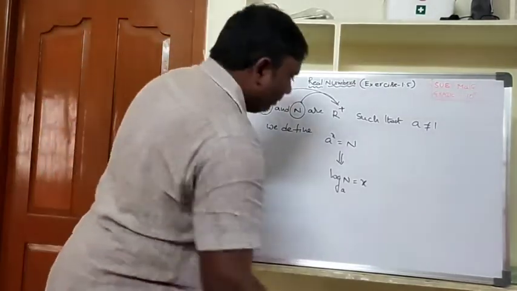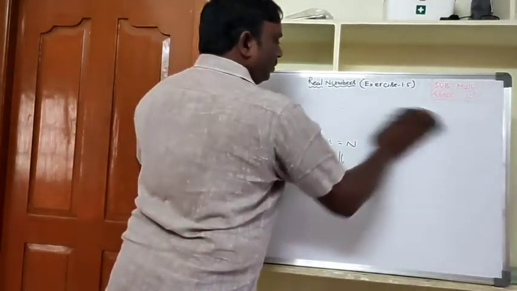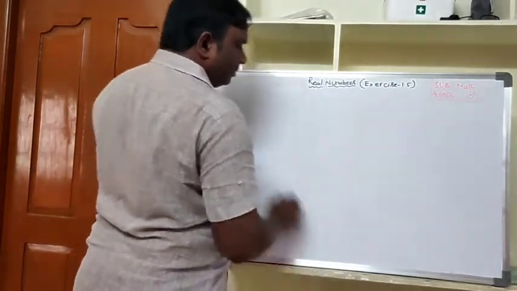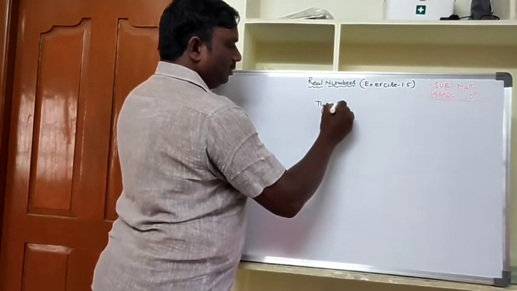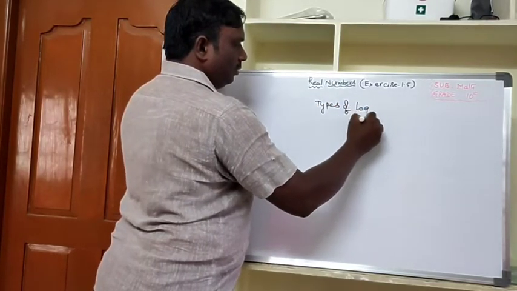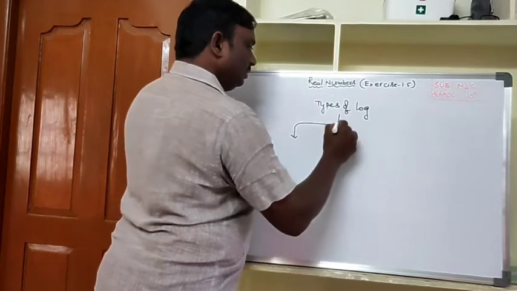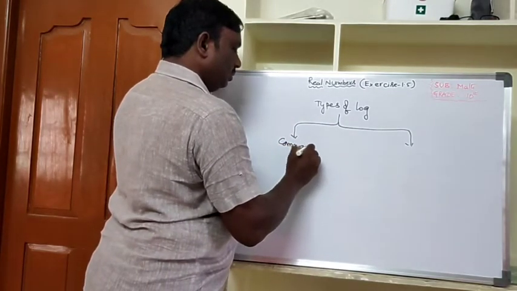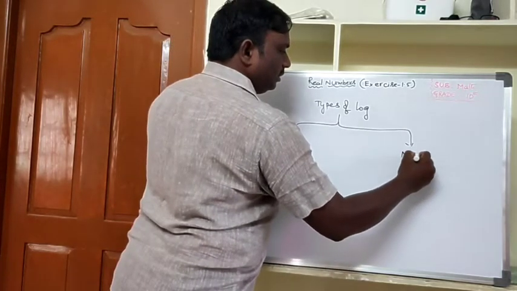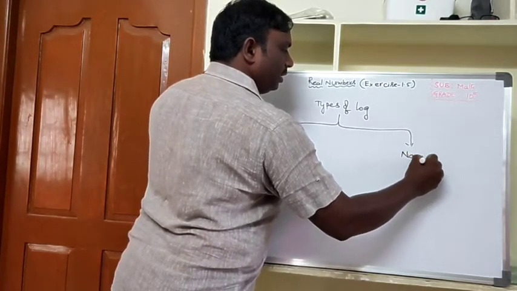Okay. So, types of logarithms. There are two types of logarithms: one is common logarithms and another one is Napier logarithms.